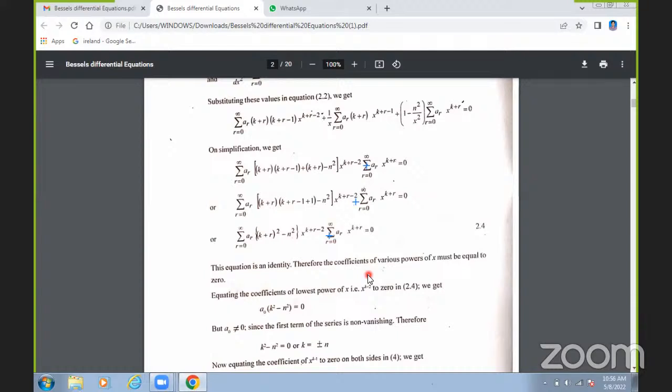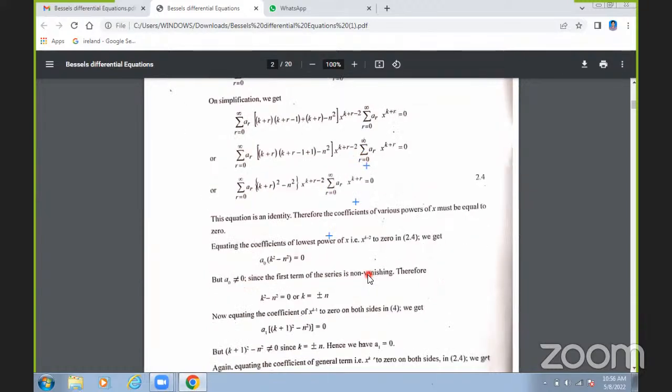In this equation, a0 into (k square minus n square): either a0 should equal 0 or k square minus n square should equal 0. Are you able to understand?